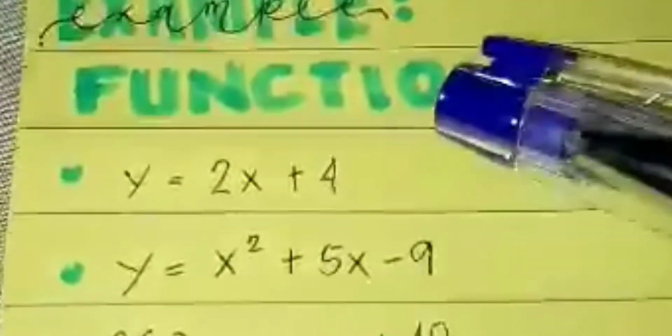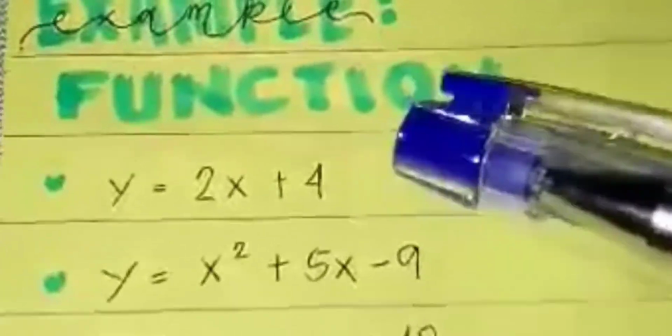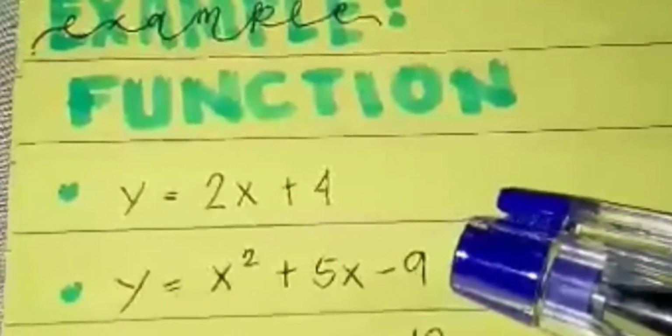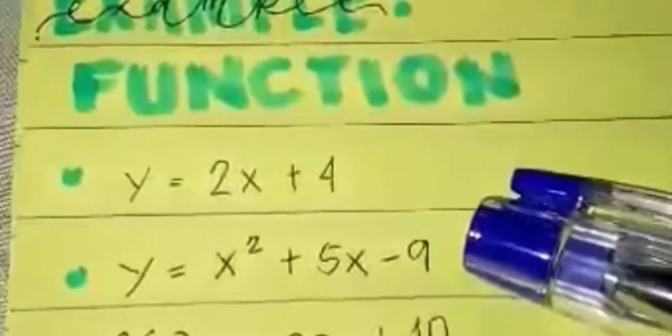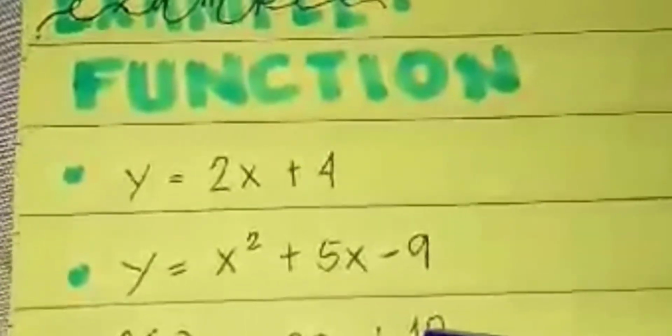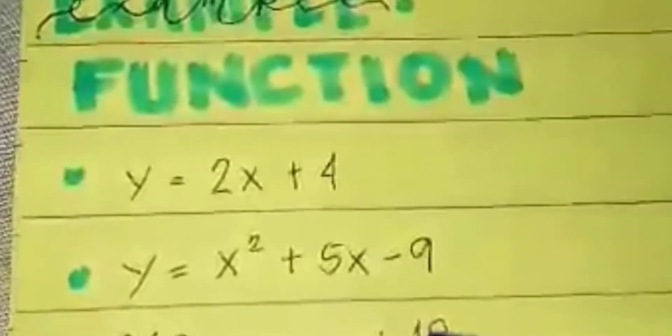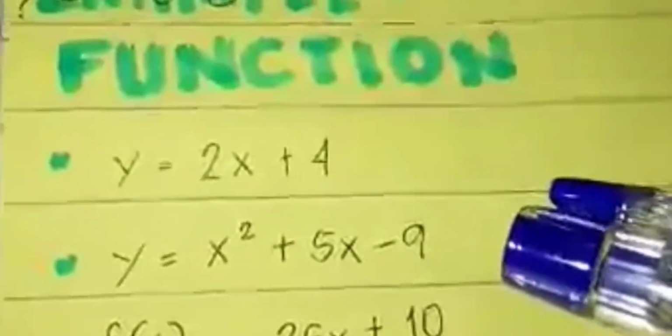Function as equation. It is relatively easy to determine whether an equation is a function by solving for y. When you are given an equation and a specific value for x, there should only be one corresponding y value for the x value. Like for example, the functions y equals 2x plus 4, y equals x squared plus 5x minus 9, f(x) equals 0.25x plus 10.